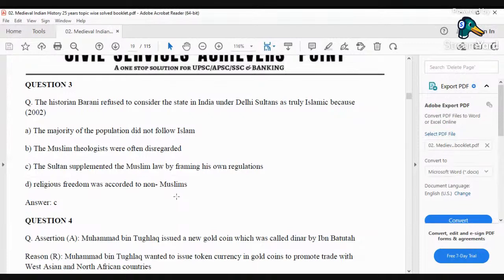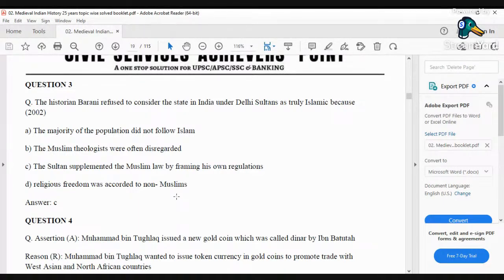Be it changing of capital, or his idea of starting something called token currency, or raising the taxes, or charging higher taxes at a time when the Doab region was affected by famine, or his Karachi expedition.